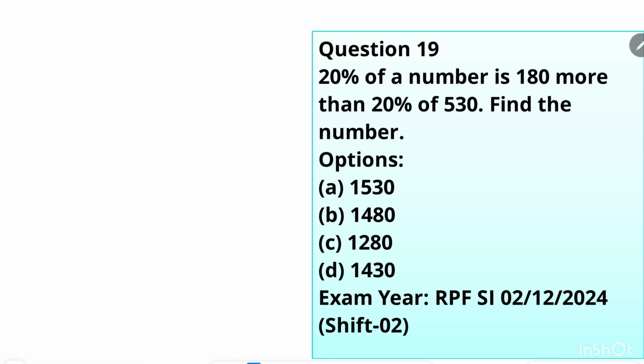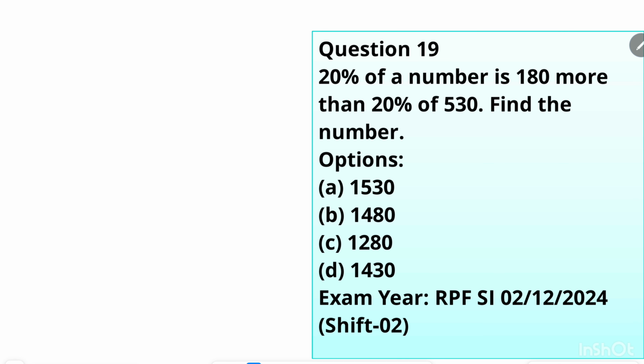The next question. 19. 20% of that number is 180 more than 20% of 530.